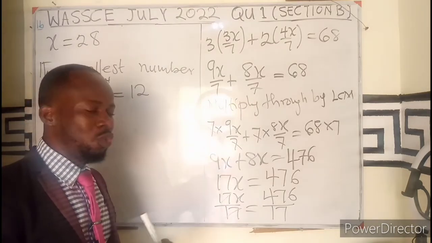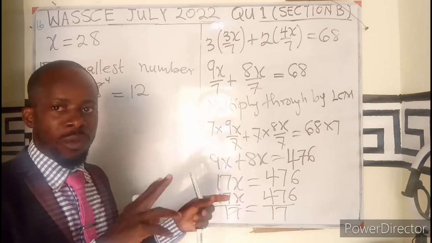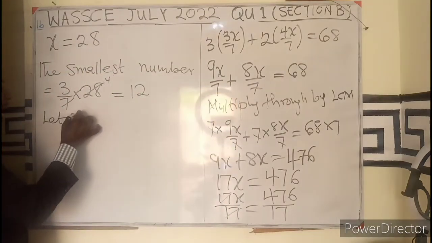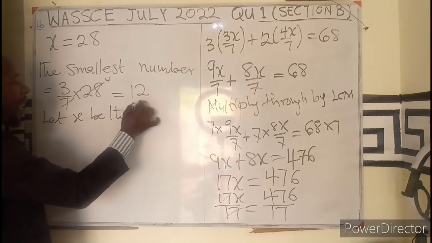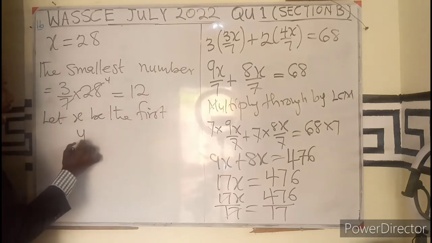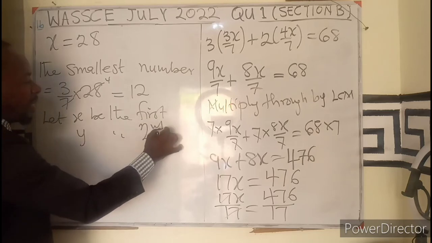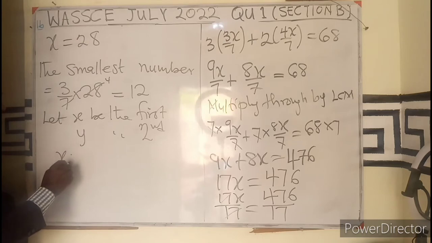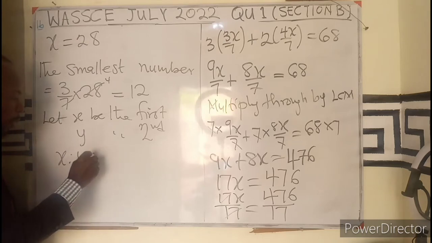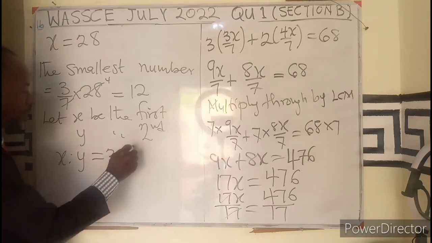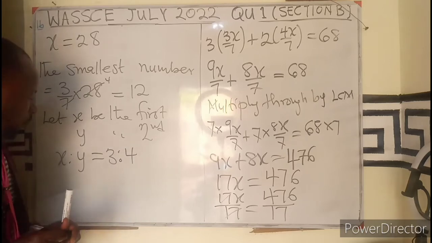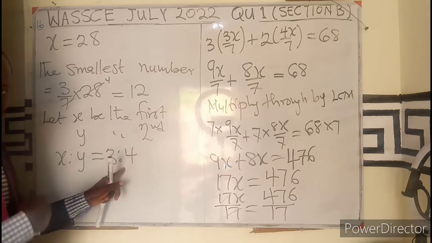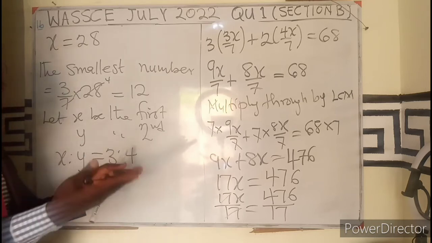Someone would also like to take it to a ratio form, that is proportion. So we can say let x be the first number, then y be the second number. The ratio x is to y will be proportional to the ratio 3:4, meaning x is the smallest number.